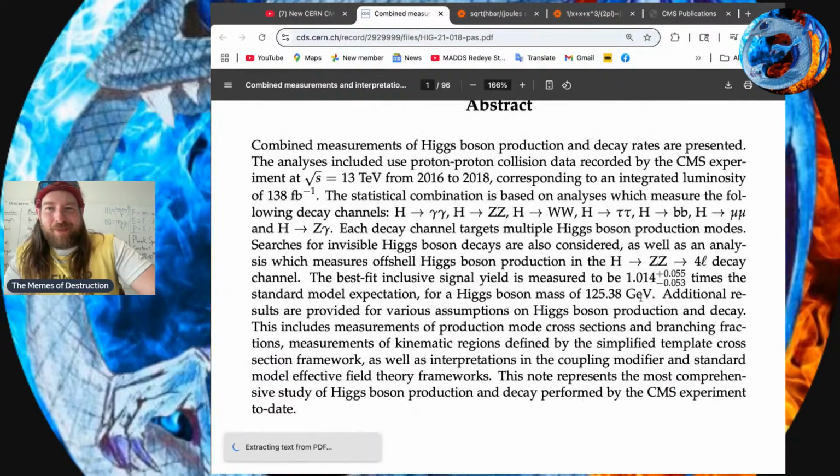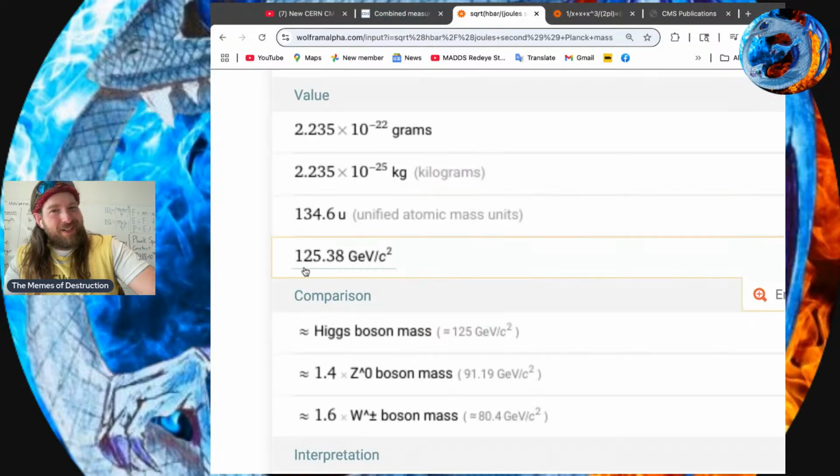The combined measurements, standard expectation, they're estimating the Higgs boson mass at 125.38 giga electron volts. That seems familiar. Where have I seen that number before? 125.38 GeV.